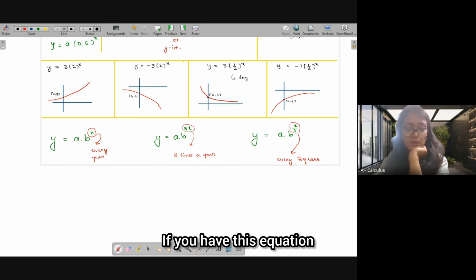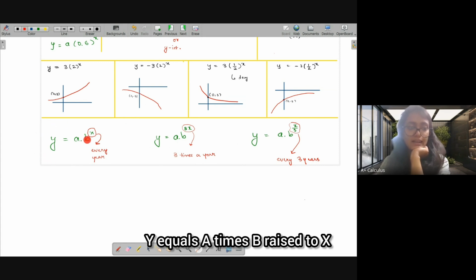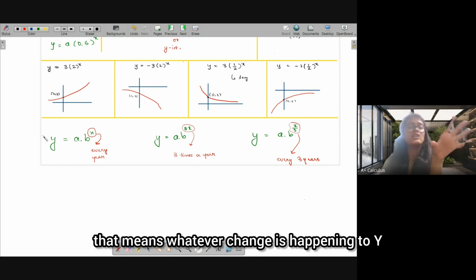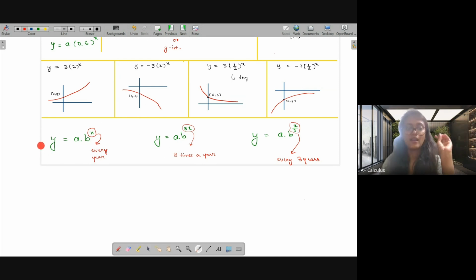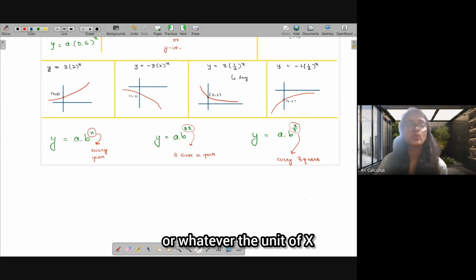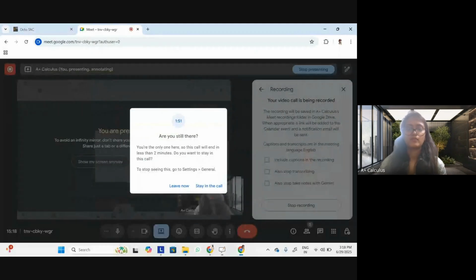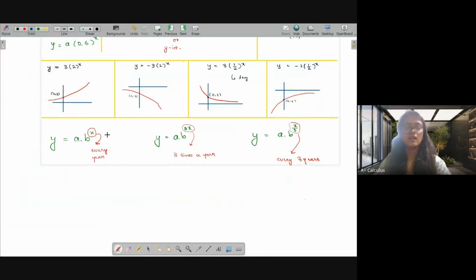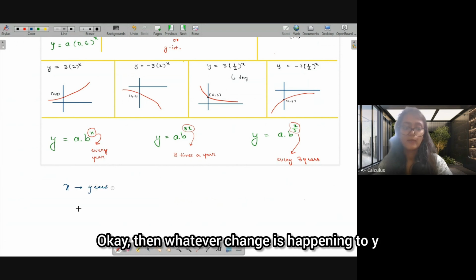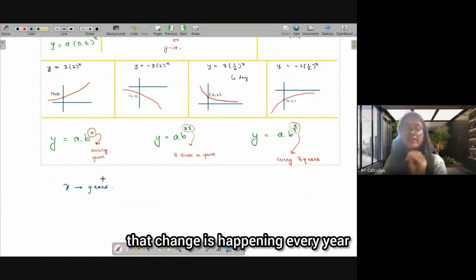If you have this type of equation, y equals a times b raised to x, that means whatever change is happening to y, that change is happening every year, or whatever is the unit of x. So if x is measured in years, then the change is happening every year.